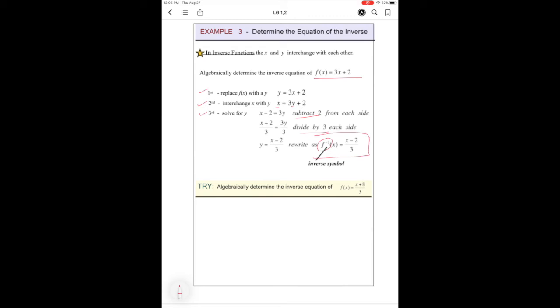Okay, let's try this one. You can pause, have a go, and then look at mine.